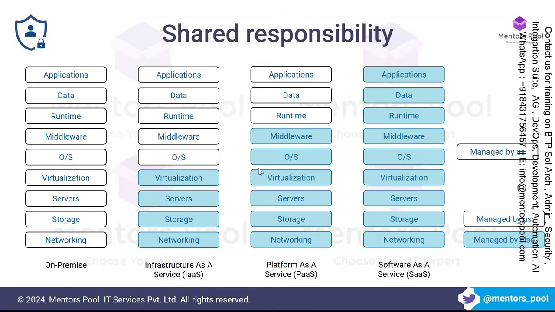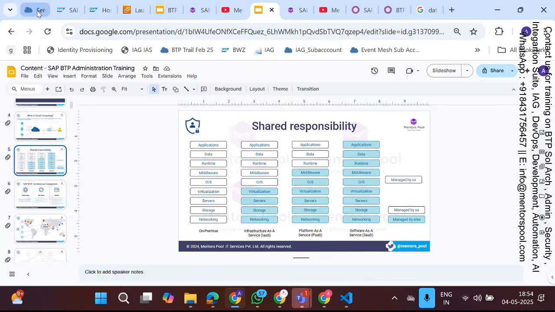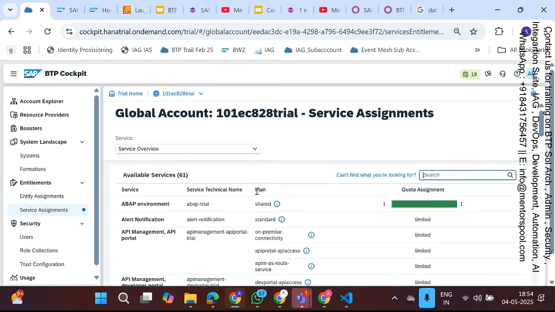So not only these technical tools, but also a lot of software as a service, complete solutions, they have provided here. So I can say this Business Technology Platform is nothing but a platform which offers us software as a service, and a lot of tools using which I can develop new solutions and deploy new custom applications.